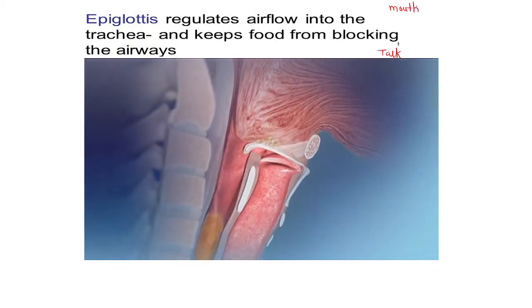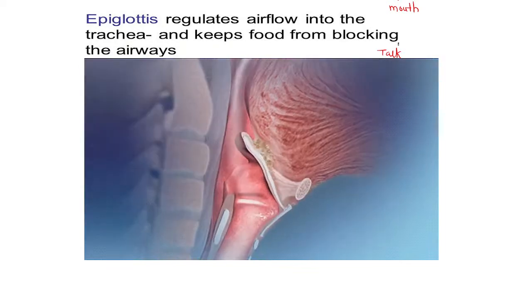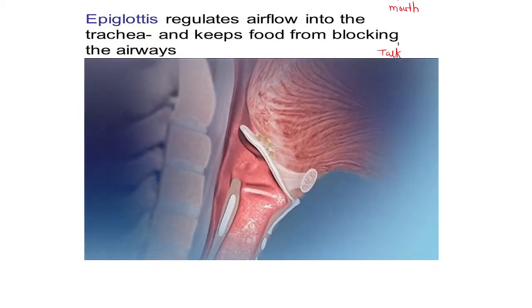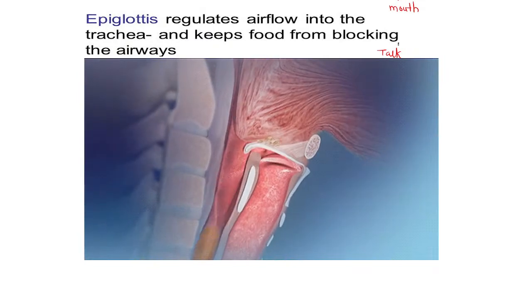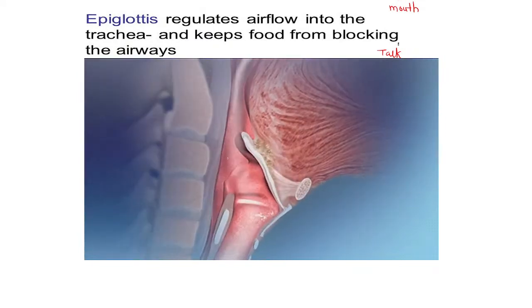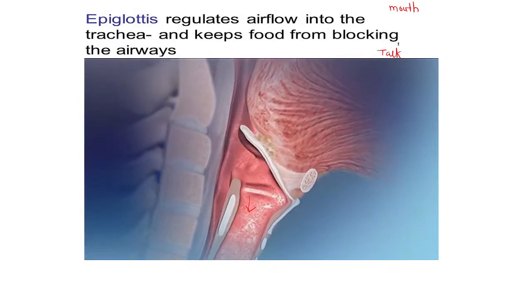So when we open our mouth to talk, we inhale air. Now the body doesn't know whether the air has to go into the windpipe or the food has to go into the food pipe. So the epiglottis opens and sometimes the food, instead of entering into the food pipe or the esophagus, might enter into the windpipe or the trachea. Therefore, you are not supposed to talk.